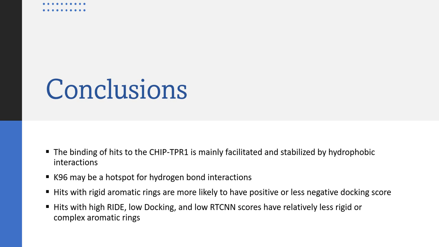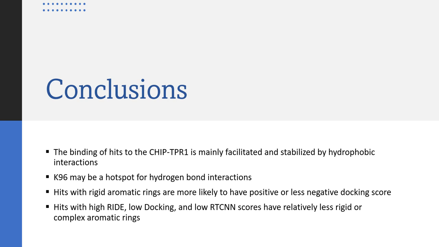In comparison to the RIDE score, the hits that are selected based on the highly negative docking score appear to frequently form a strong hydrogen bond with the lysine at position 96 in the mouse CHIP or at position 95 in the human CHIP.